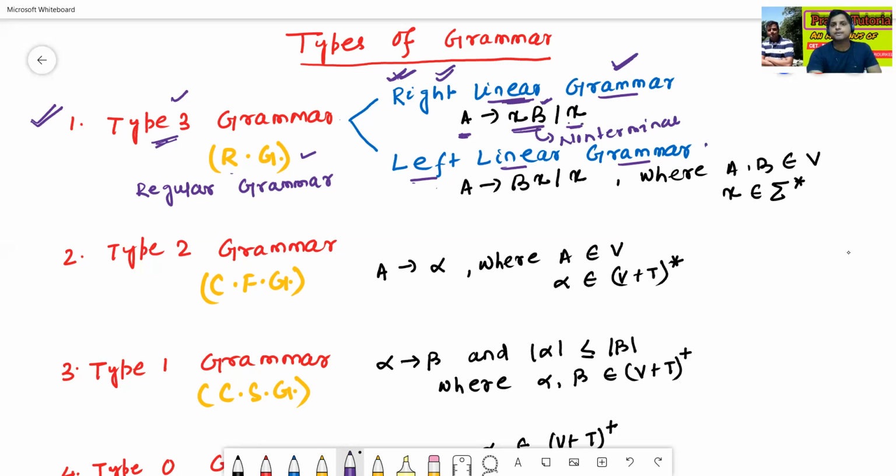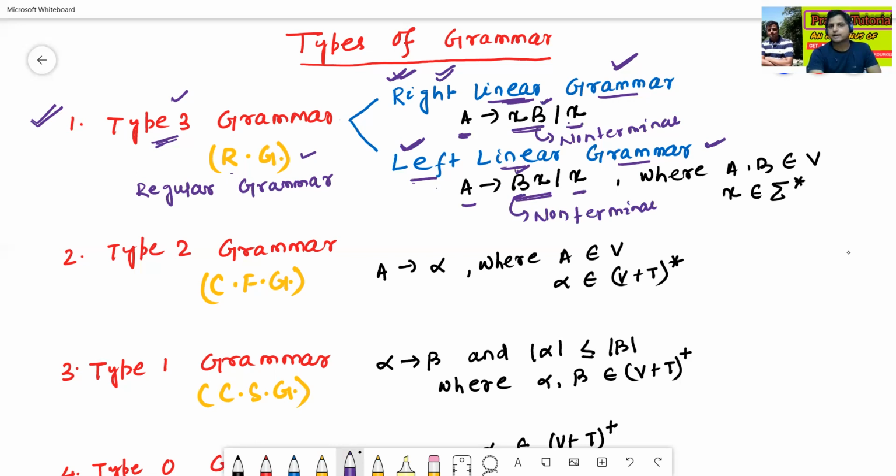What is the meaning of left linear grammar? If the grammar is in the form A to Bx slash x, then it is called left linear grammar. In the left linear grammar, the leftmost part is non-terminal.